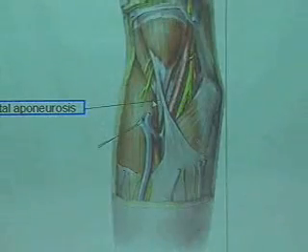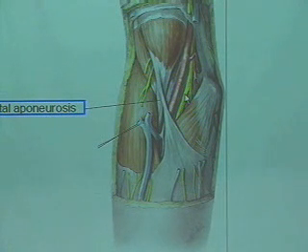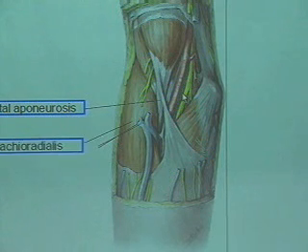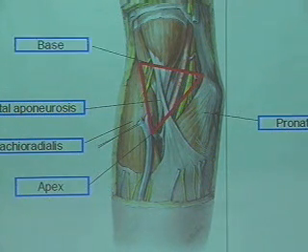When you go into the triangle, you should see these three contents: tendon, artery, nerve. Tendon of biceps, brachial artery, and median nerve. These are the three contents of the space. We felt all these structures earlier.